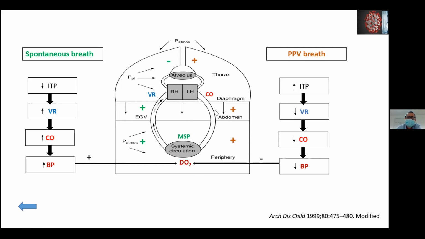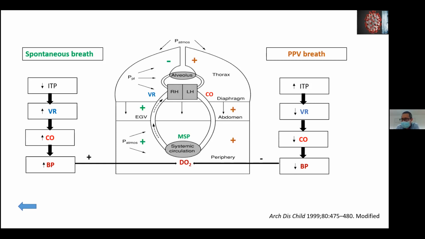That's why if you are hypovolemic, the mean systemic pressure is low. It is probably sometimes subatmospheric, and the veins will sometimes collapse. If you apply positive pressure here, the pressure distally in the periphery drops, then the venous return goes down, the cardiac output goes down, the BP goes down, and oxygen delivery is compromised.